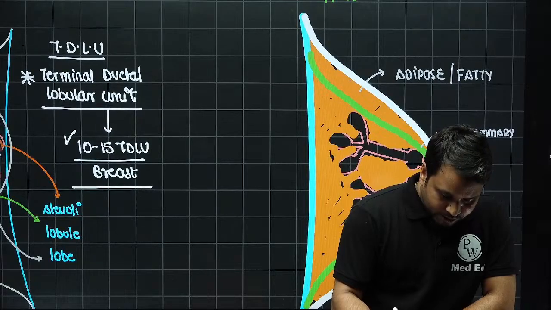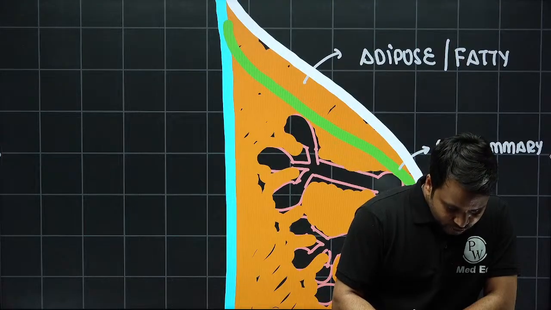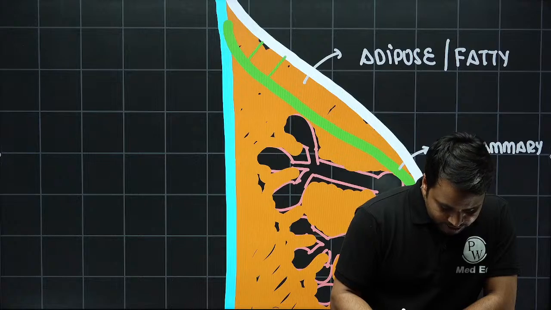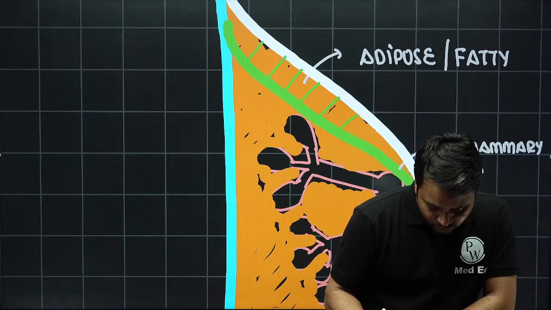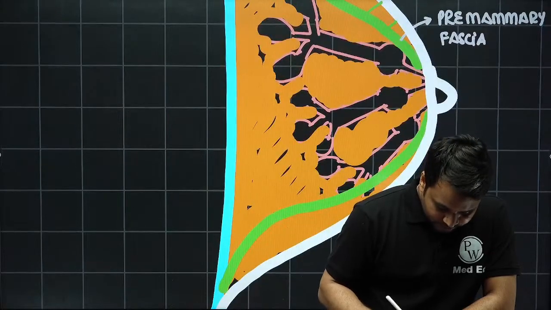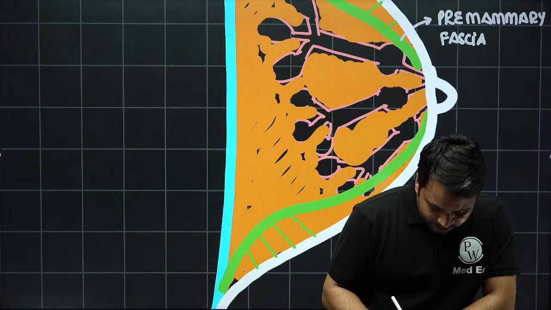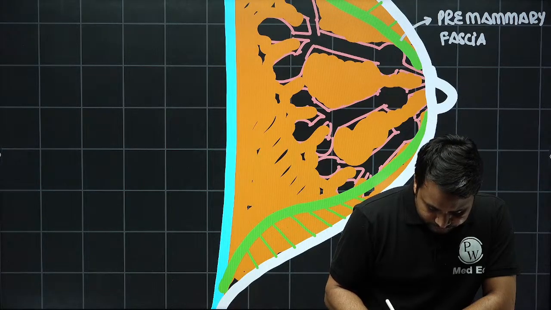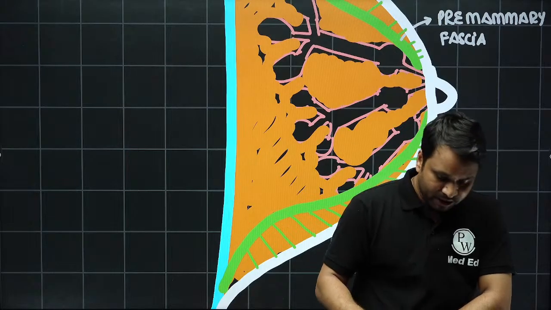So you will notice that this pre-mammary fascia will give rise to these strands, and these strands are going to be attached to the overlying skin, and they are going to be continuous with the pre-mammary fascia.